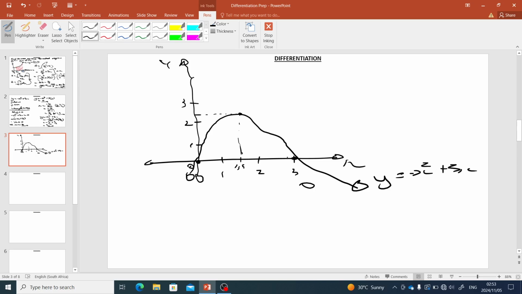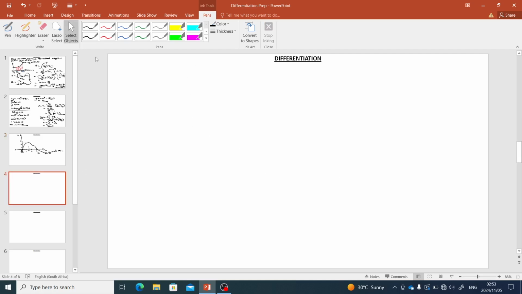Alright. We've managed to plot the graph. This is the graph. Now, they want us to calculate the area using the integration. In calculating the area, it will be area equals integration. What are our limits? It is 3 and 0.